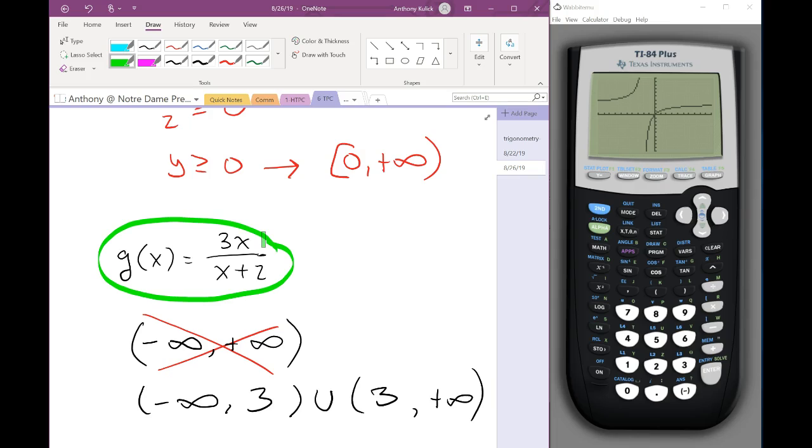We definitely did these on a test. Start with an R. This is a rational function. Remember that rational functions often have vertical and horizontal asymptotes. That's what's going on here. So this has a horizontal asymptote at y equals 3 and a vertical asymptote at x equals -2.